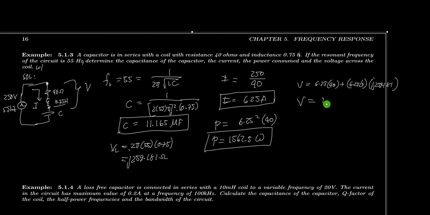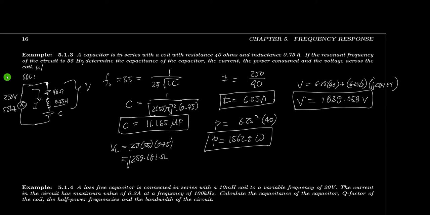So what can we observe here? If you look at the result that we got, the voltage across the coil is much greater than the voltage source. So this is a special case, especially in resonance.